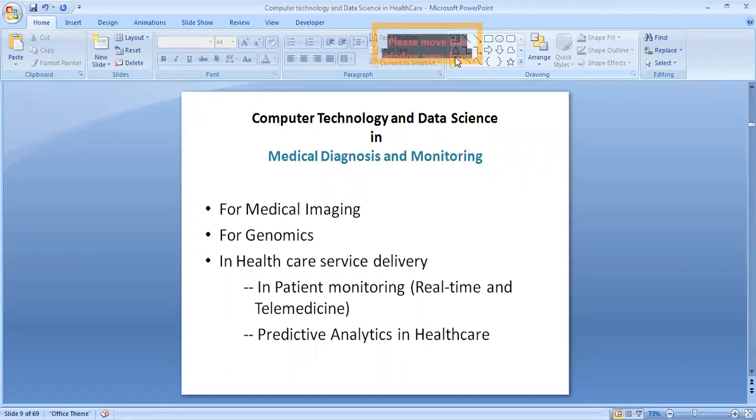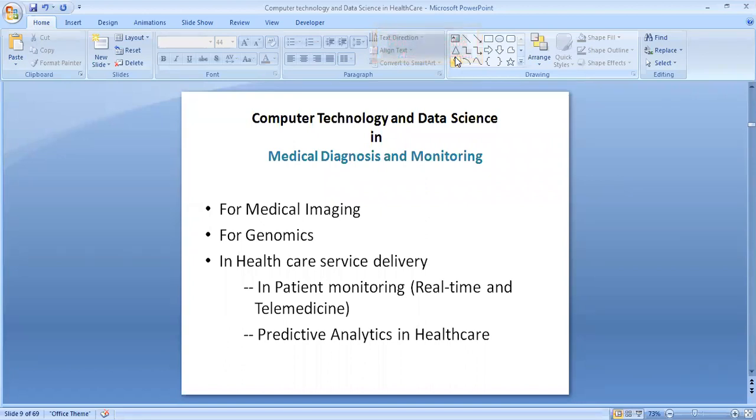The first one is medical imaging, the first and foremost application of data science in the medical field. Then genomics, or finding out how the genes or DNA of a person vary, and are passed on from one generation to another, and how they are going to react to external factors.